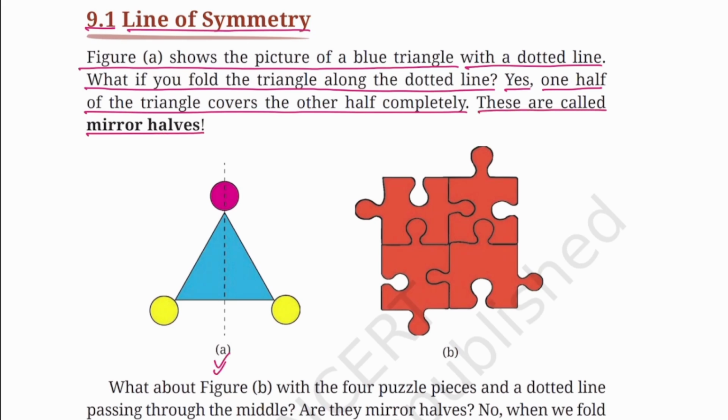You can see, when you fold the triangle along this line, this portion exactly overlaps this portion. Or you can say this portion is the mirror image of this portion, or these two portions are mirror halves.